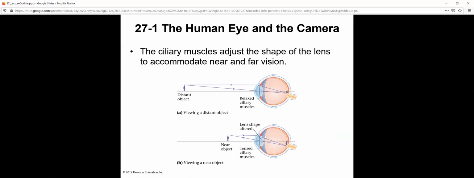And as I said before, the muscles that control that lens dictate what you focus on, so much so that you can look at something near and something far, and they are both in the same detail.